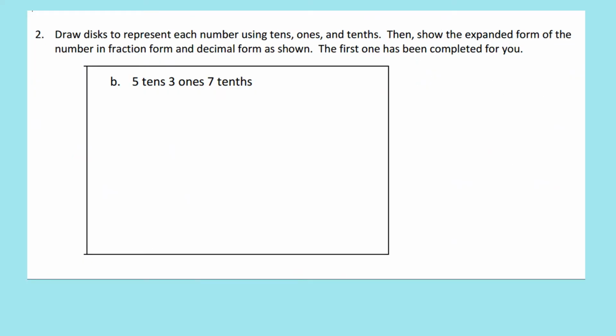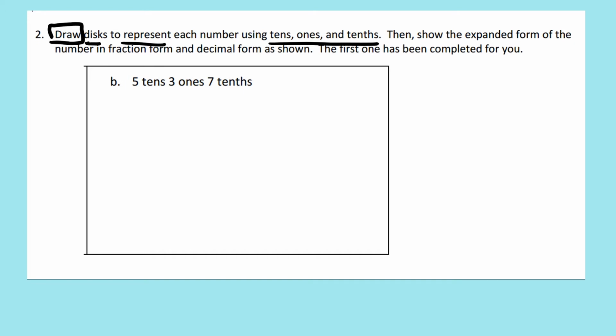Let's start by cubing the directions. Draw discs to represent each number using tens, ones, and tenths. We're going to cube the word draw. And what are we going to draw? Discs that represent tens, ones, and tenths.